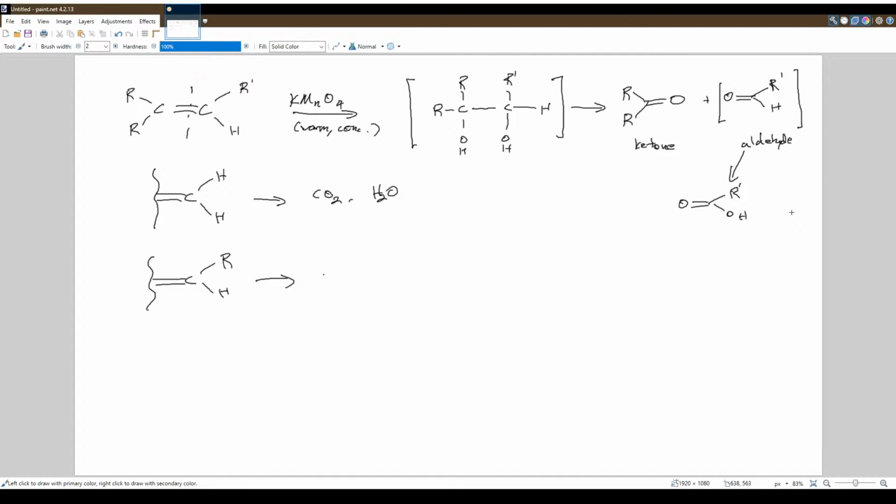It's going to be turned into the aldehyde, and then further oxidized. I'll just write the product actually, and it's going to be further oxidized to a carboxylic acid, like this, and then something with two R groups on it is going to be just turned into a ketone. Now, as for why that works, good question. I don't know. So that's a good start. That's just something I'll have to memorize, I suppose.